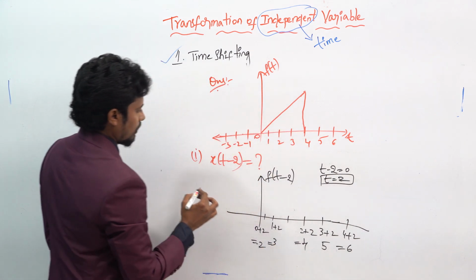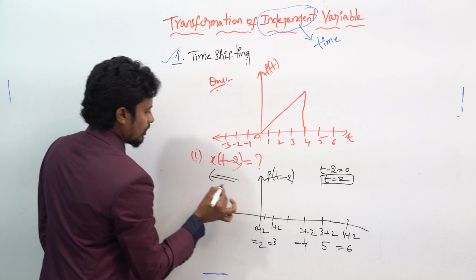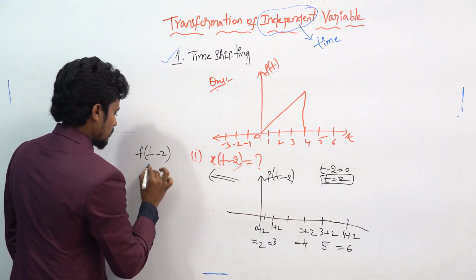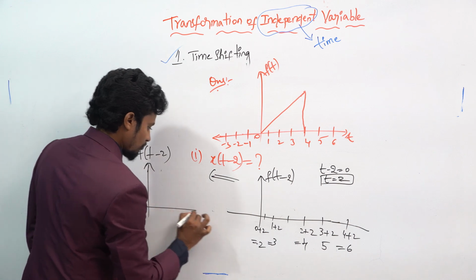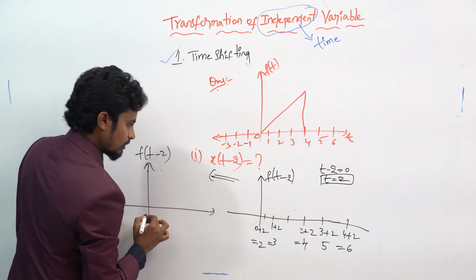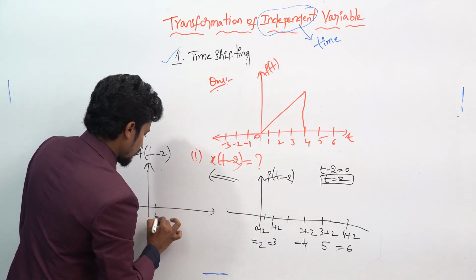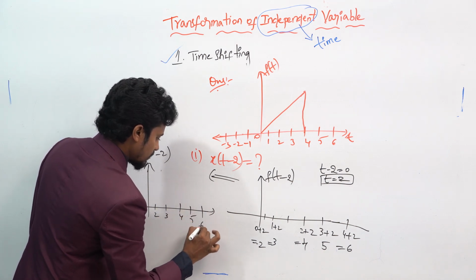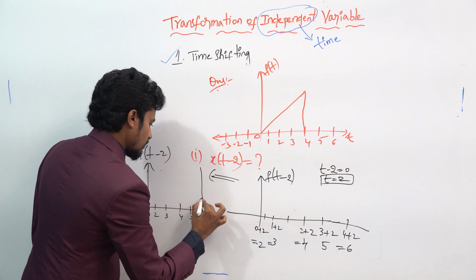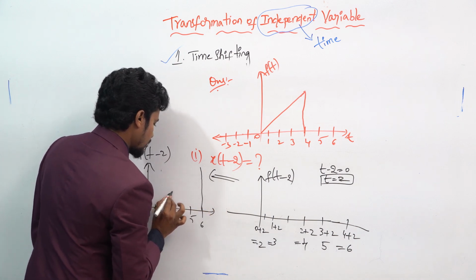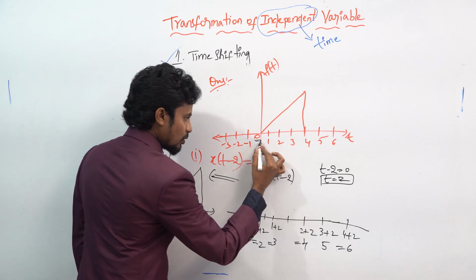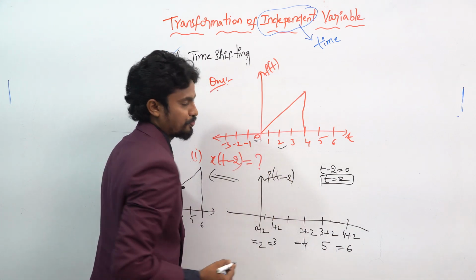Okay, how will our plot become? Our plot of f of t minus 2 will be 2, 3, 4, 5, 6. Here our plot will be shifted like this. It can't start at 0, it will start at 2.